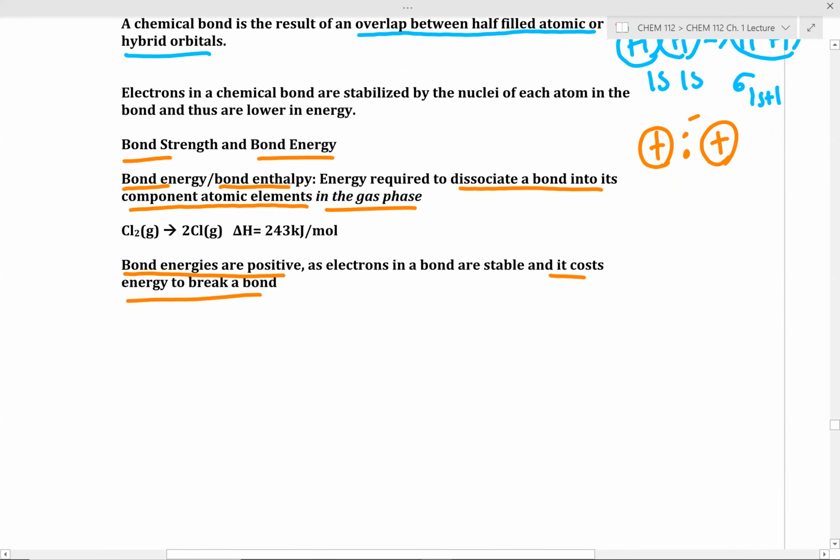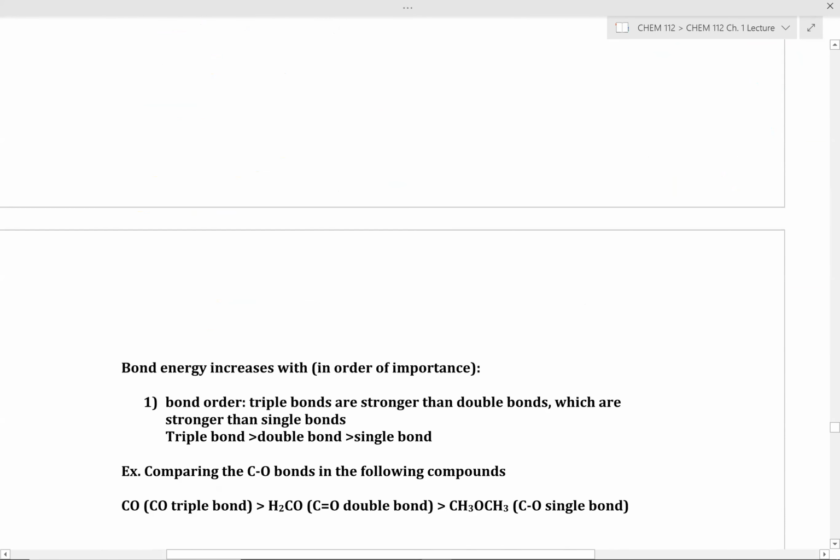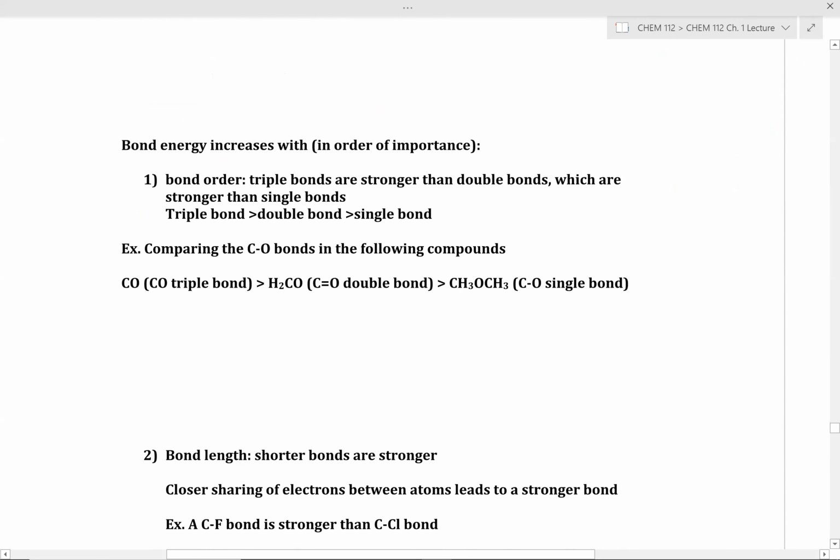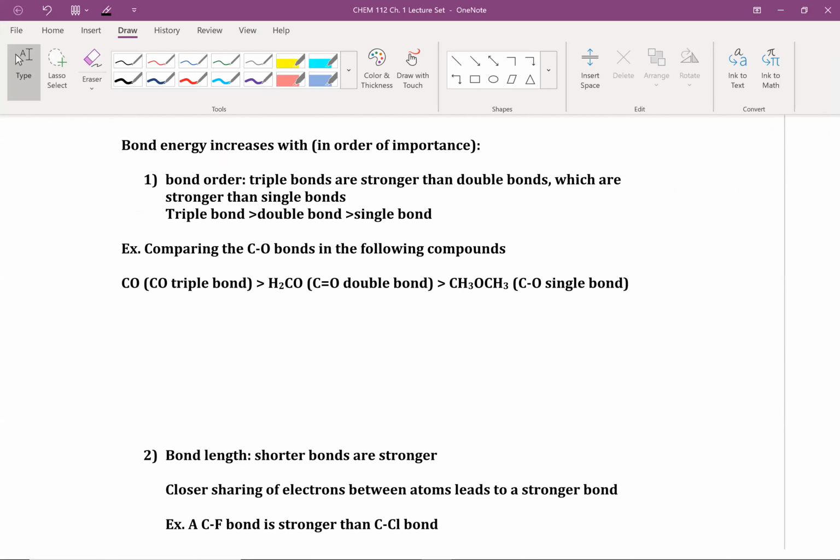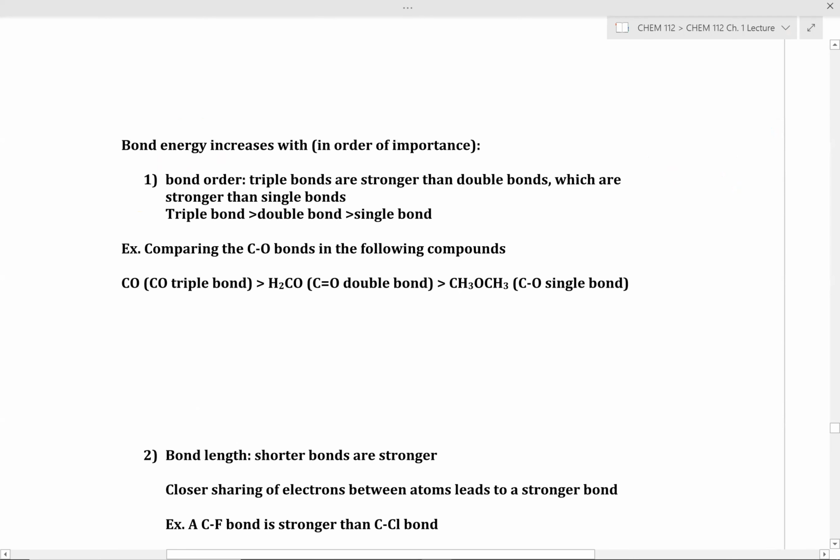Okay, so let's now talk a little bit about when bond energy increases. What are the criteria for observing a large bond energy? Okay, so bond energy increases with, and this is in order of importance, first and foremost, bond order. Your triple bonds are stronger than your double bonds, which are stronger than your single bonds.